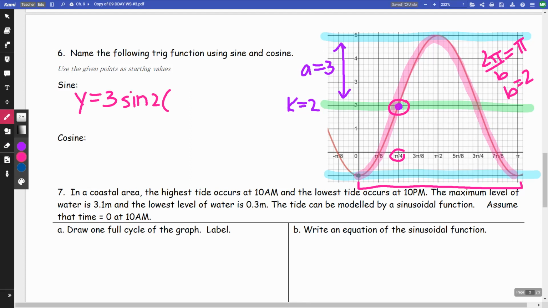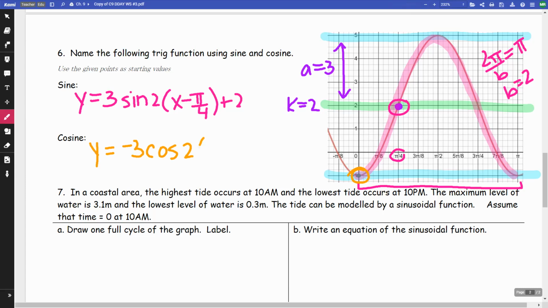I'm starting at pi 4, so this is going to be x minus pi 4, and then plus 2. Now, my cosine graph is the one I actually sketched out here. That's going to start at 0. So this is going to be y is equal to, and this is a negative cosine. So it's going to be a negative 3 cosine, still 2. Now, this is going to be just 2x because I'm starting on my y-axis, and then plus 2.